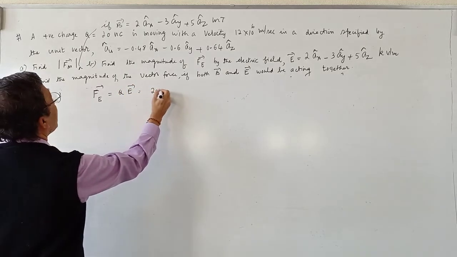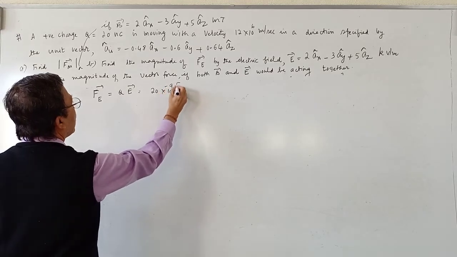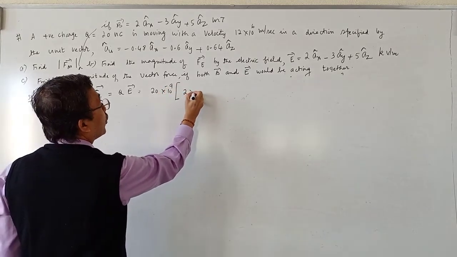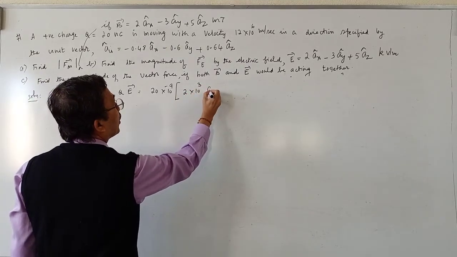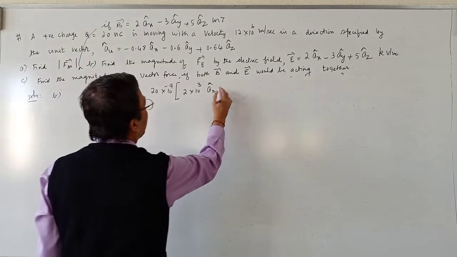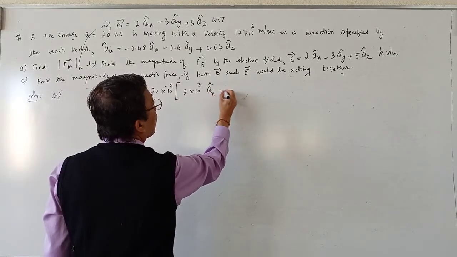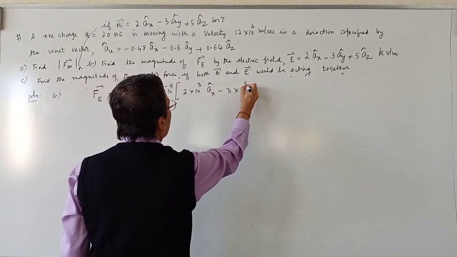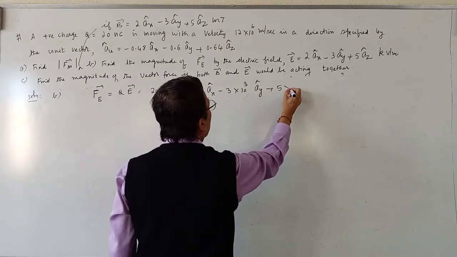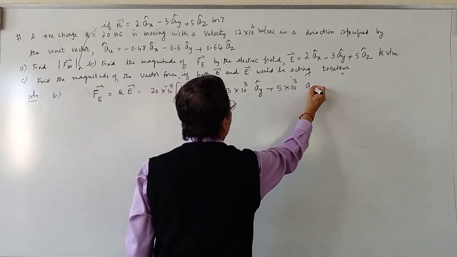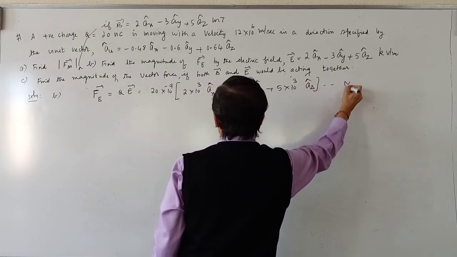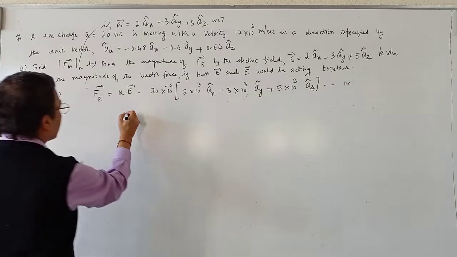Q is 20 into 10 to the power minus 9. What is vector E? Vector E is 2 into 10 to the power 3 Ax cap. 10 to the power 3 because it is kilovolts per meter. Minus 3 into 10 to the power 3 Ay cap plus 5 into 10 to the power 3 Az cap. So many newtons.